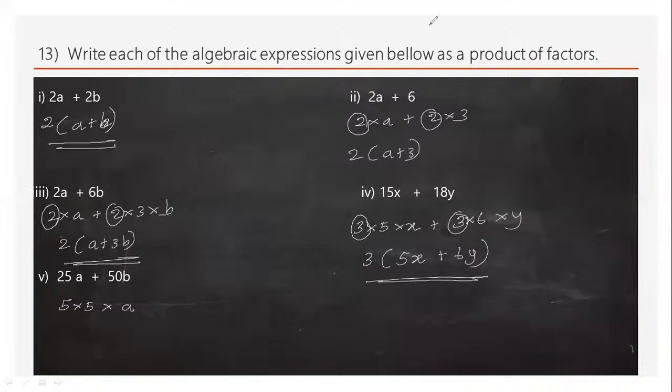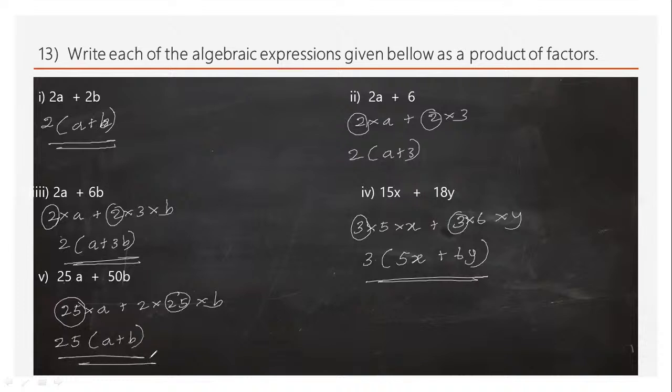Even we can write like this, 25 times a, because 25 is common for both. It is easy for you. 25 times a plus 2 into 25 times b. 25 common, take 25 out, a plus b.